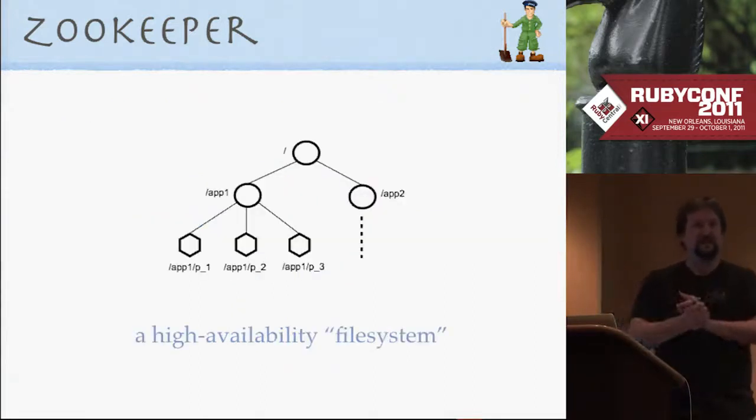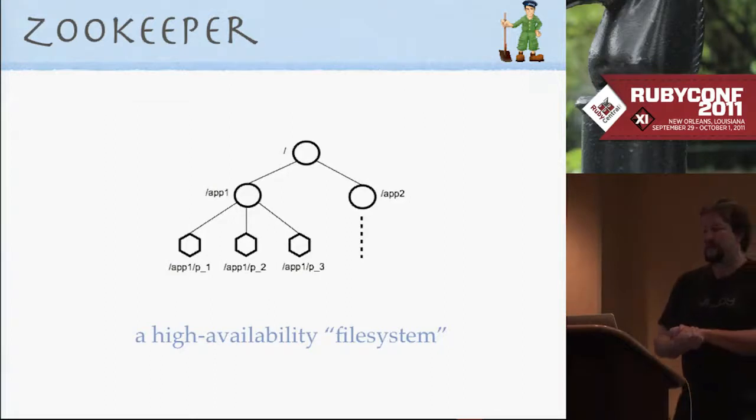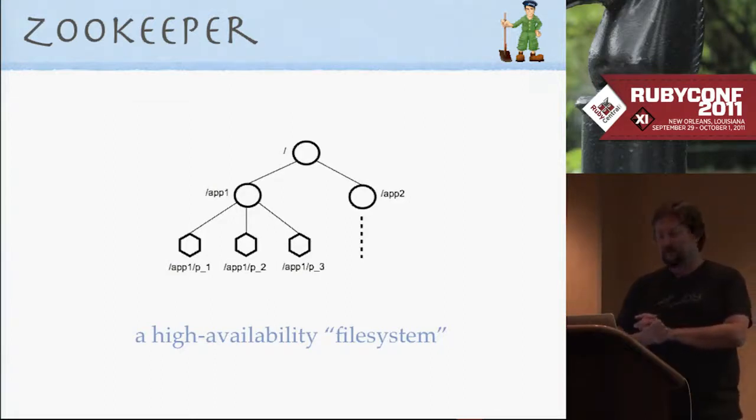It's basically a hierarchical structure of nodes, call them Z nodes, and each node can contain other nodes or key value pairs. And that's pretty much the primitives that it has. So, say I'm P3, I'm going to connect to the Zookeeper server cluster, basically cd into app1, and register myself as P3.